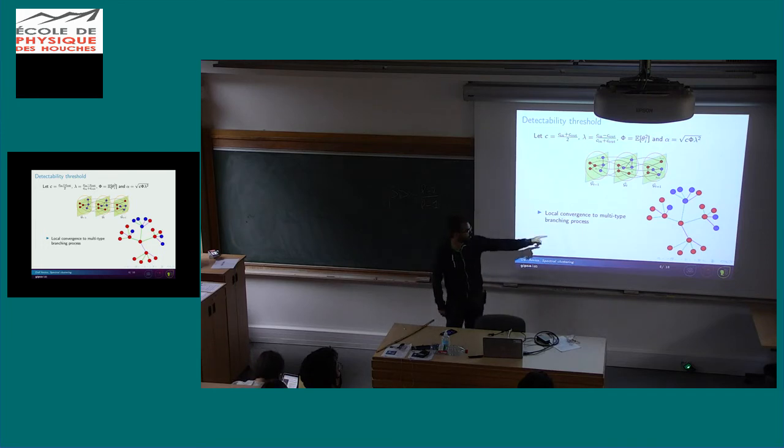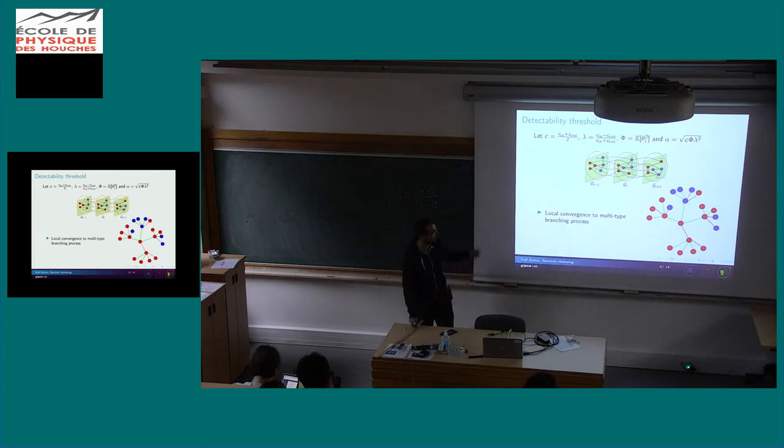We consider the node in the center, which we call the root, and then its neighbors, or sons, will have the same class label with probability lambda if the edge is a spatial edge, and with probability eta if the edge is a temporal edge. So here we can study the problem more easily.